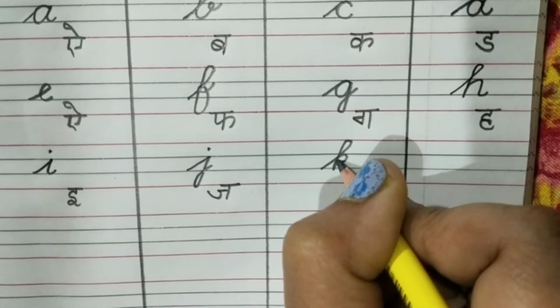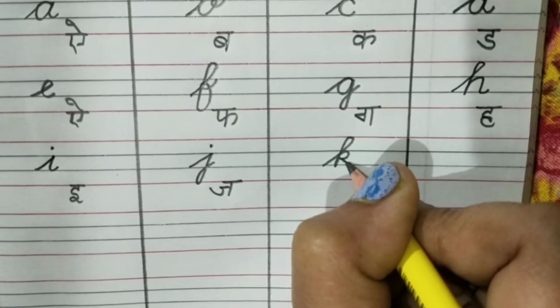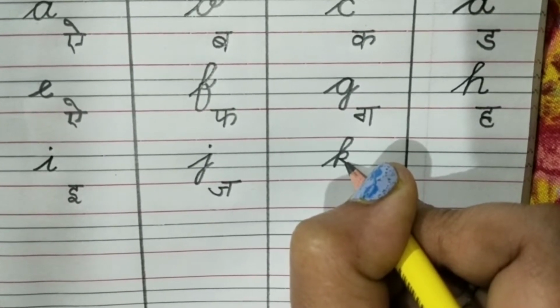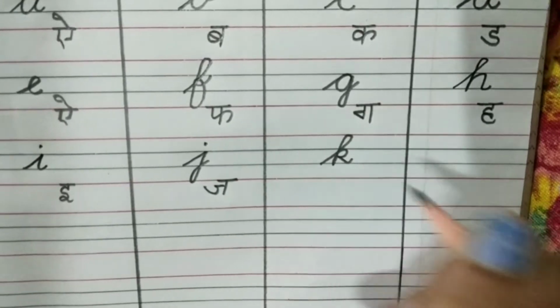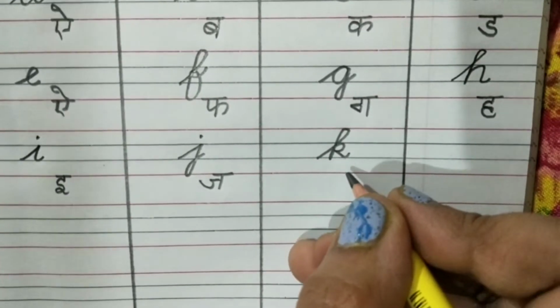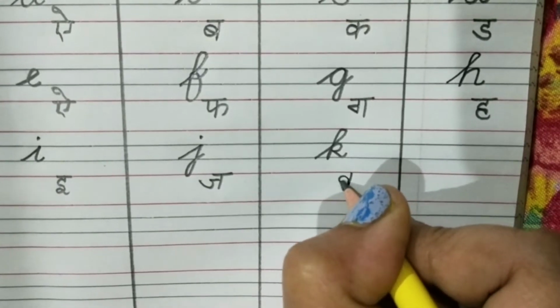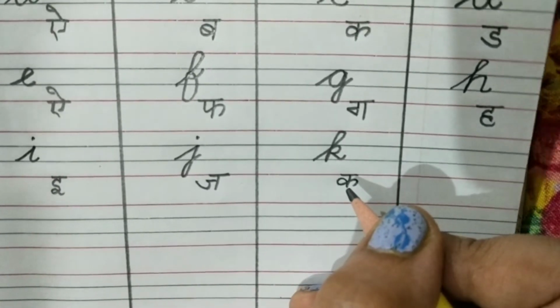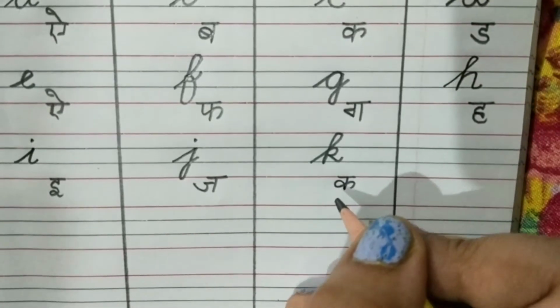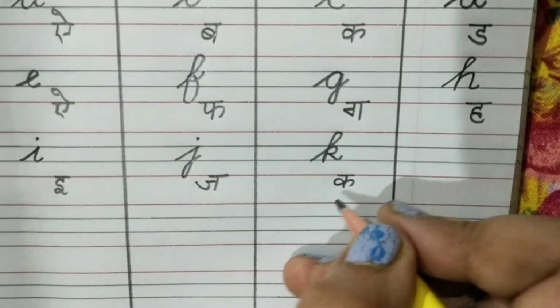Turn like this and touch this black line and turn like this. K says K. K kite, K king. K says K.